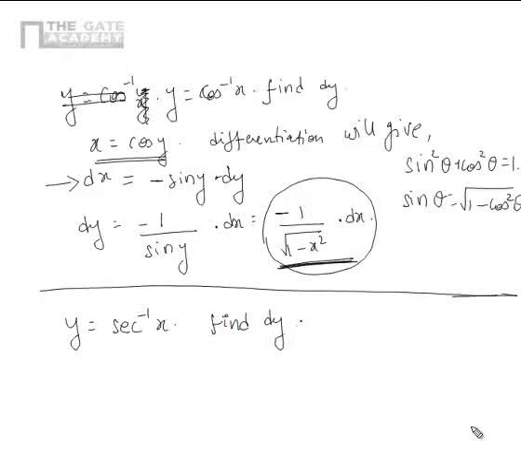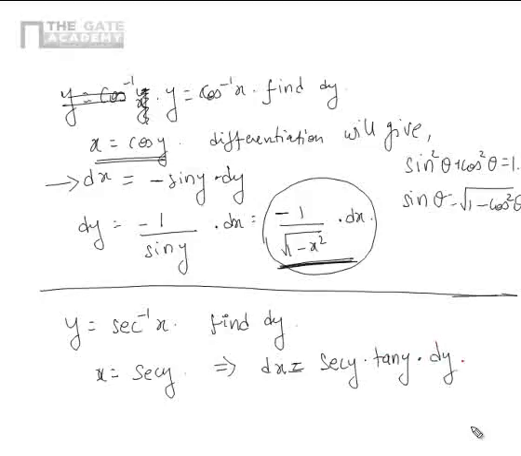Again, convert it into a known problem. x is equal to secant y, which will imply dx is equal to, what? Differentiation of secant y will be secant y tan y dy.